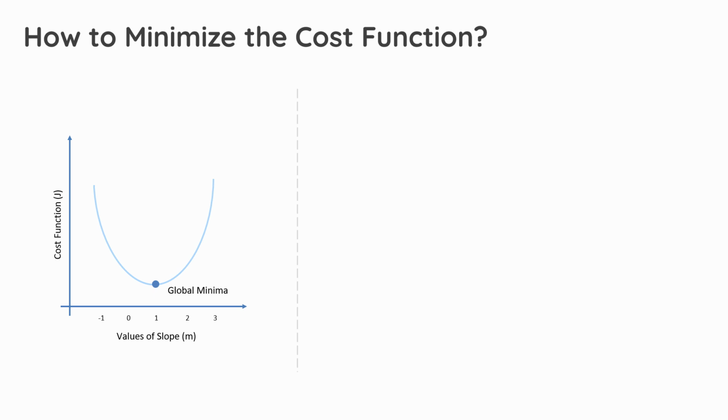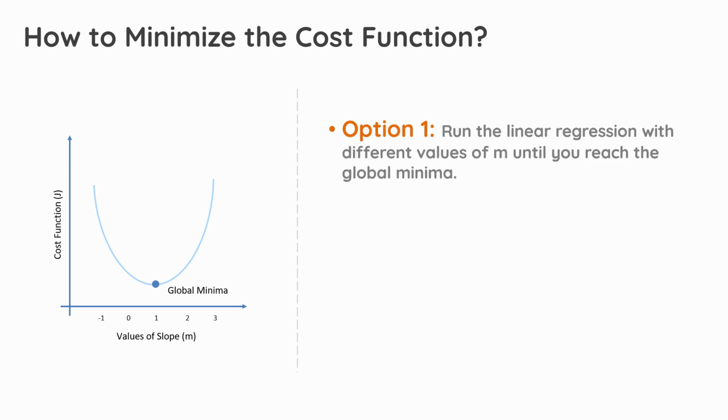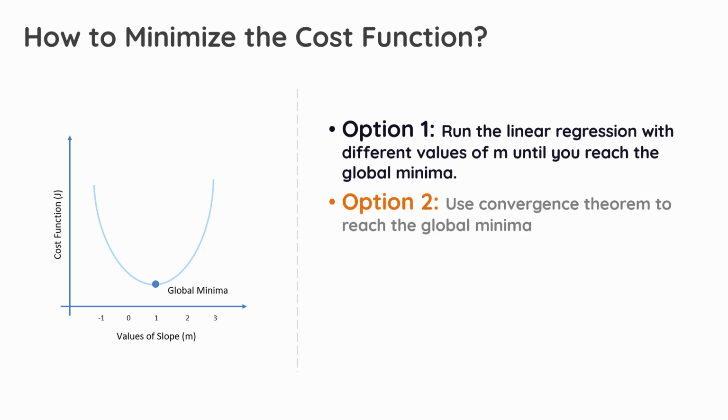There are two main approaches of minimizing the cost function. The very first one is the brute force method, which involves running the linear regression with different values of m and c until we find the combination that results in the lowest cost function value. But this can be a very time-consuming process. The second one uses the convergence theorem to reach the global minima.